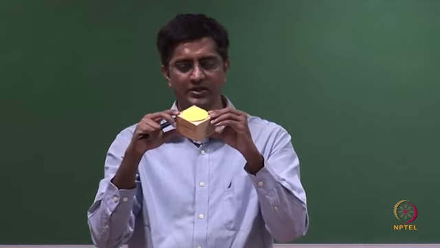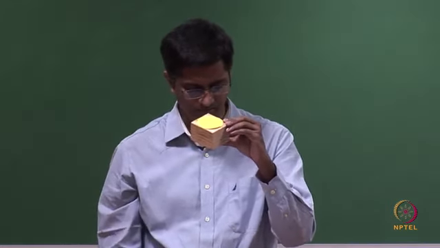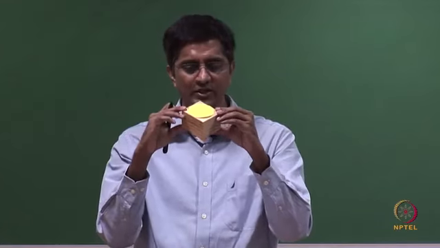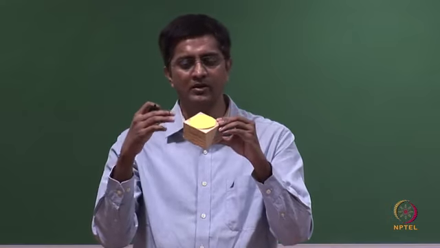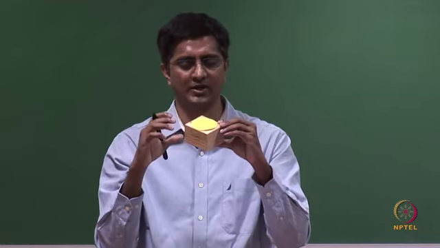This leads to something called pictorial representations. Pictorial representation means if I orient this cube in this fashion, you can see the 3-dimensional view of this object. Since you are able to look at 3 different faces, you can quickly understand how this object looks.